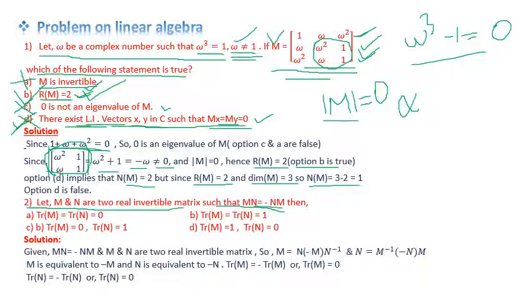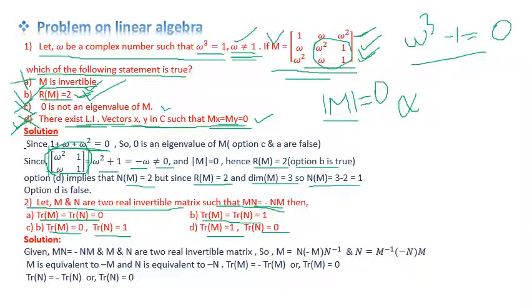Then choose the correct option. The first option is trace M equals trace N equals 0. The next option, trace M equals trace N equals 1. Third option, trace M equals 0, trace N equals 1. And the fourth option is trace M equals 1 and trace N equals 0.